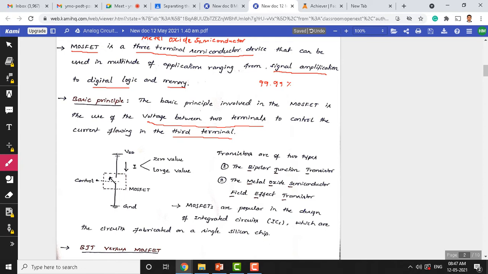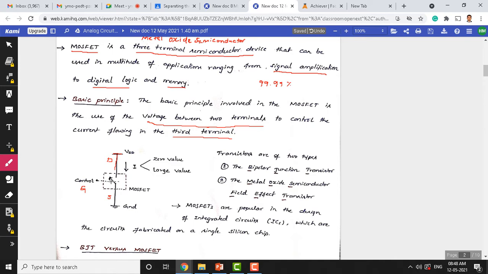There are two terminals, as you can see here. One is connected to the power supply, which is labeled as VDD, and the other terminal is connected to ground. There is a control terminal, which with reference to the MOSFET is usually the gate, and this is the drain, and this is the source. The current flow between the supply and ground is controlled by this gate terminal.